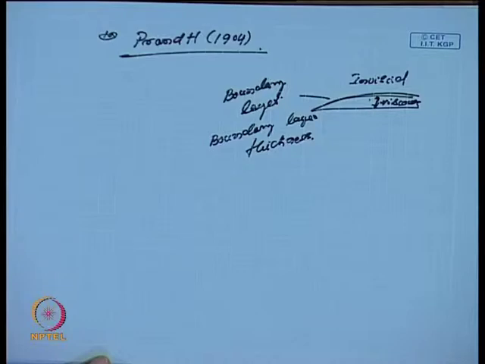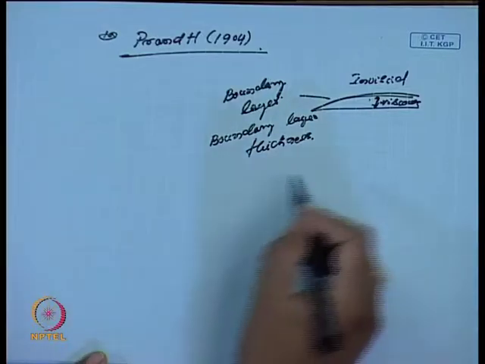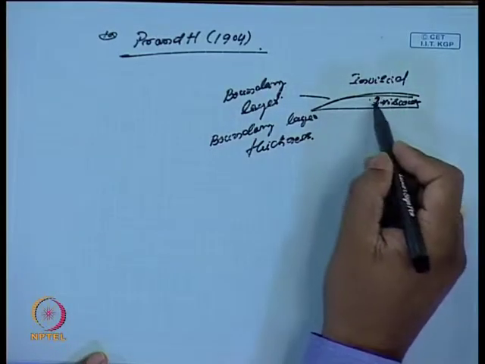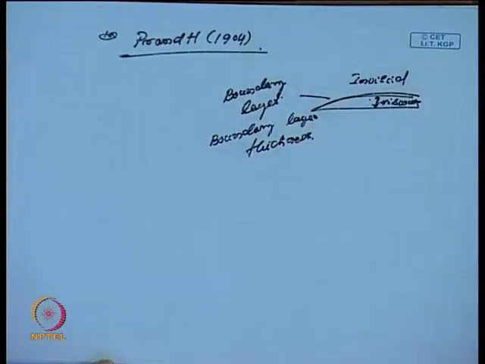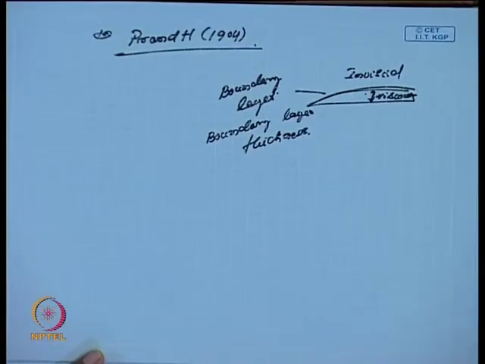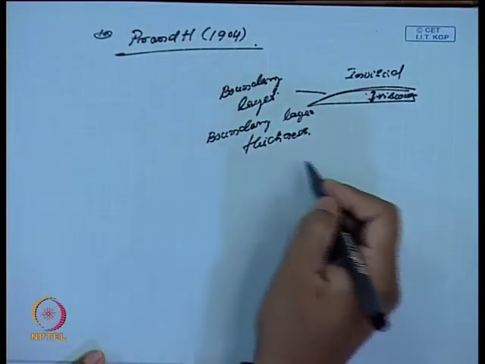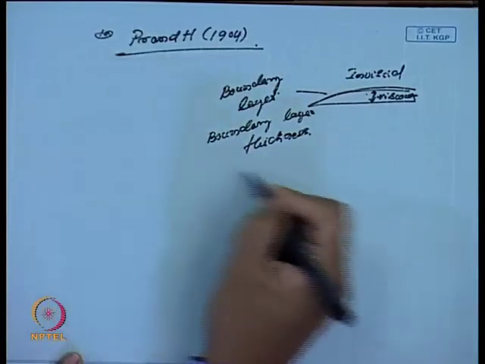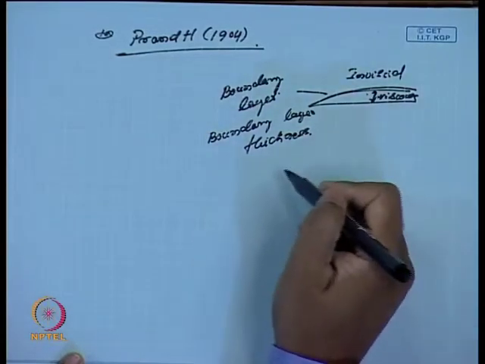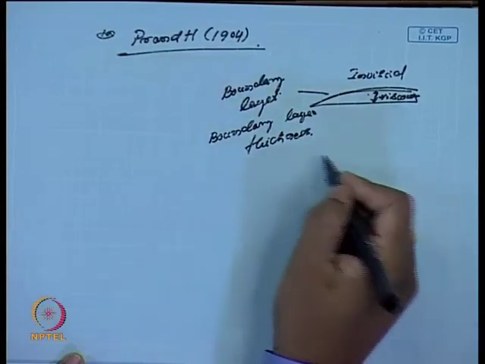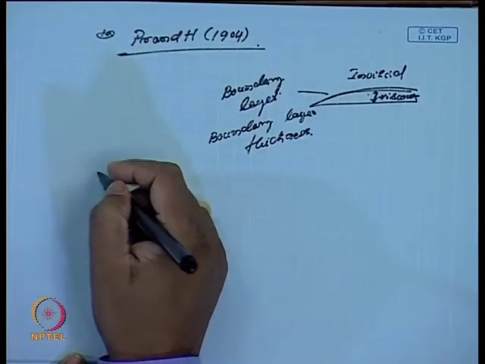It is not always necessary to have a solid boundary for a boundary layer to occur. A boundary layer can also occur in a moving fluid region, at an interface near a wall, or not only near a wall but at an interface of two fluids.